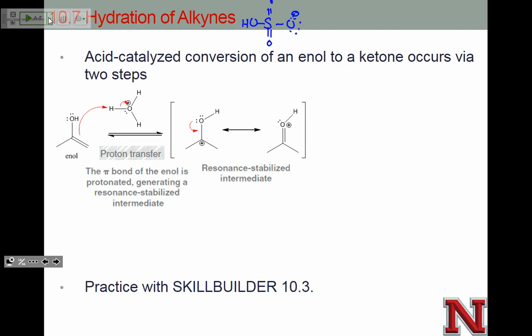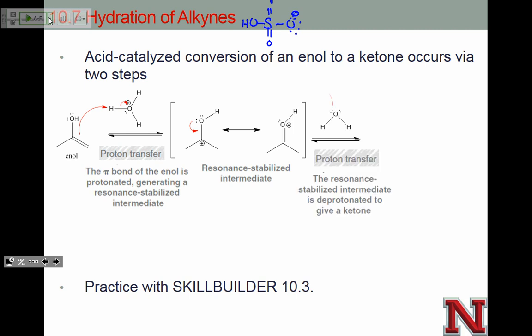So now we have that oxygen with a positive charge, and remember we have water floating around because water is our solvent, so that can come in and deprotonate, and that forms our ketone. And this reaction is equilibrium based on the fact that our ketone is more stable than our phenol. So this happens pretty rapidly under these conditions, and we isolate our ketone. So you should be able to draw this mechanism.